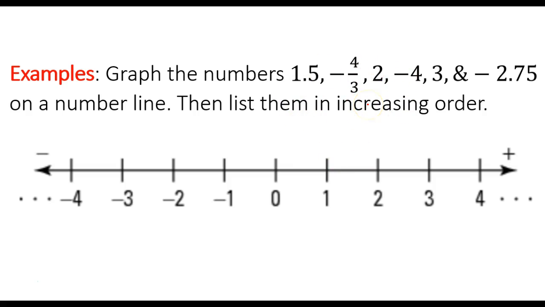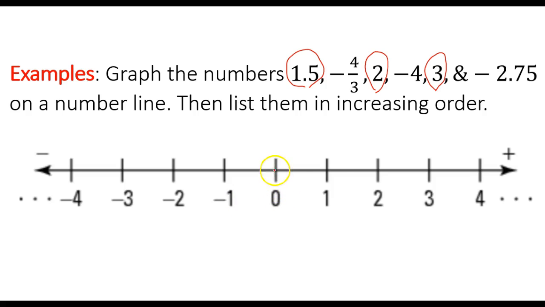For now, I will circle all the positives: 1.5, 2, 3, and that's it. The rest are negative. Then you always start from 0. Start from 0 going 1, 2, 3, 4, or from 0 going -1, -2, but always start from 0. It's very helpful. So you are going from 0 to the right or from 0 to the left.